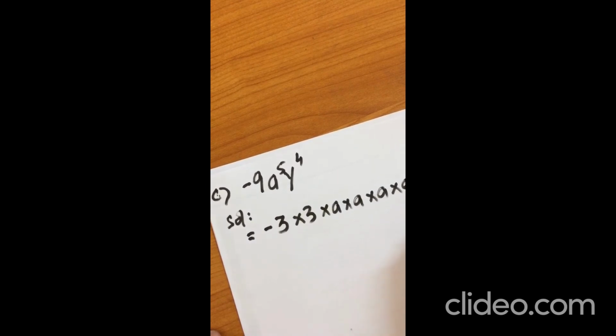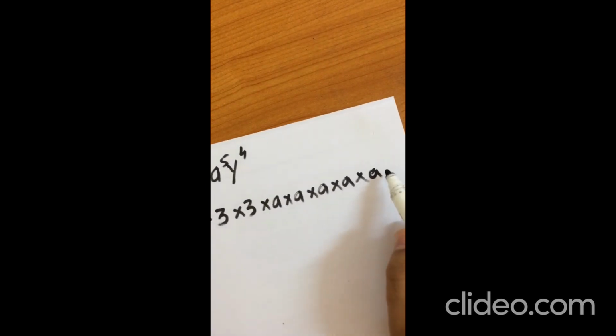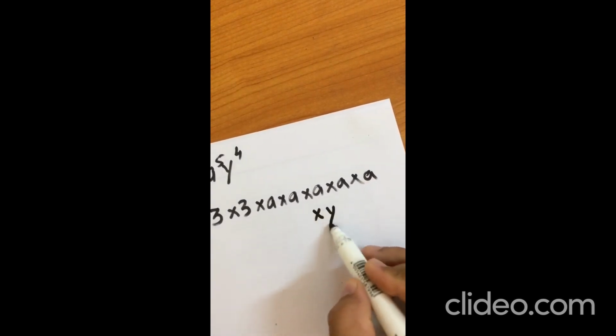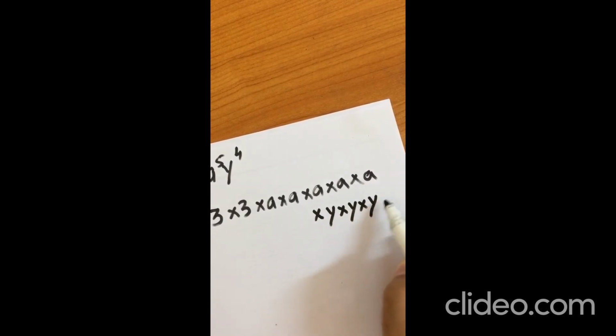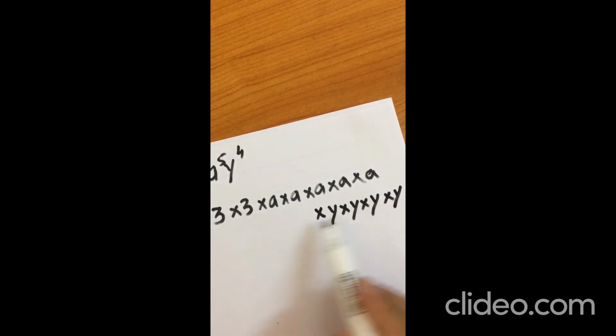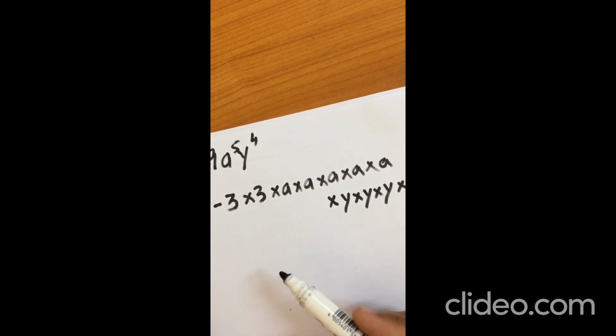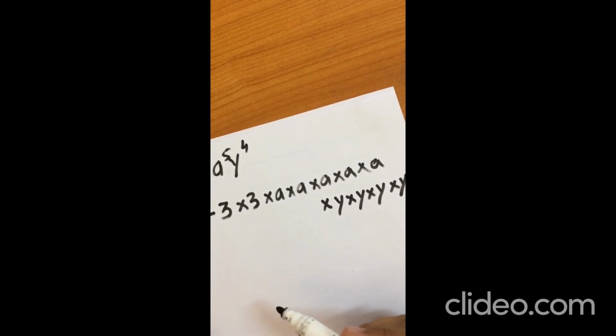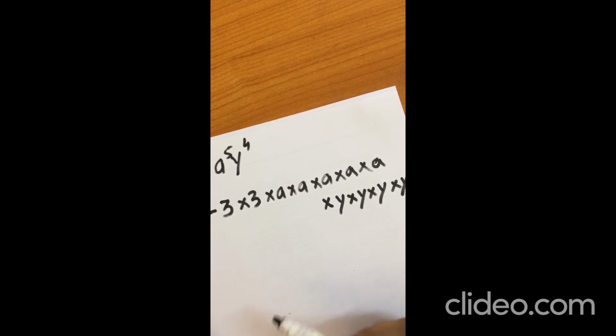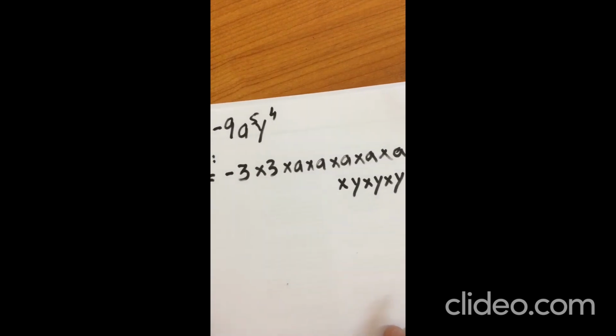Y 4 times. Just write with it because no space here. I'm just going to use down space here. 1, 2, 3, 4. So this is the product form of minus 9 a to power 5 and y to power 4. Now I'm just working quick. Rest of the question you should try, or we will discuss in the class when we have the Zoom sessions.